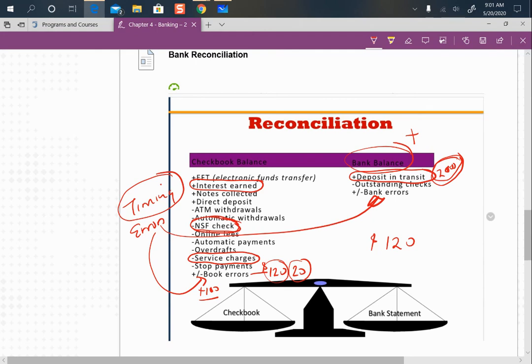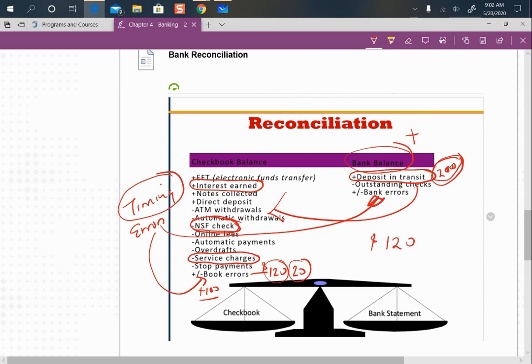And remember, on your checkbook side, you have already accounted for them, but in your bank statement, because of the timing difference, the statement does not reflect those outstanding checks. For that reason, you have to identify those outstanding checks and deduct those amounts from your bank balance side. And of course, if there's any error made by the bank, it should also be taken care of accordingly.